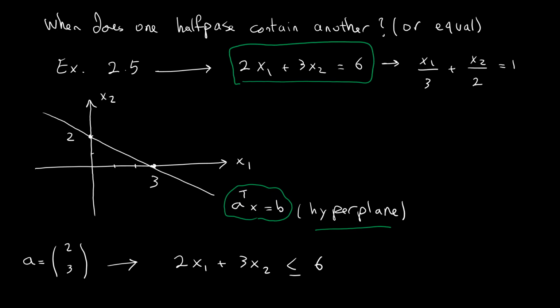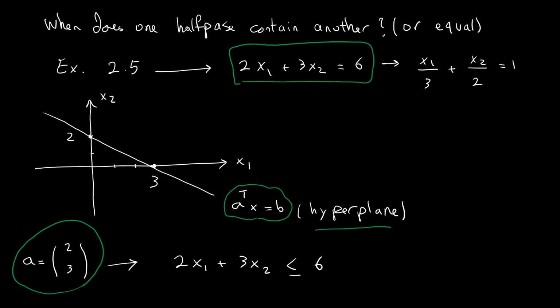And you remember that we can characterize that hyperplane by its normal vector, which is this vector. We also explained that the normal vector also shows which side of the hyperplane contains all the points in the half space. What do I mean by that?